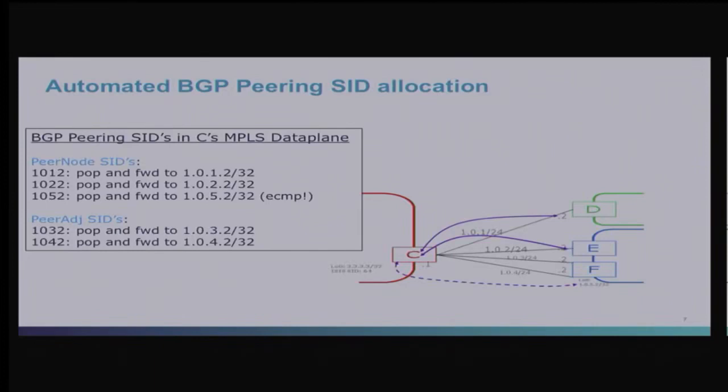For a multi-hop peer, like F, we also allocate a peer adjacency segment, a local label for each physical interface to the multi-hop peer. This allows you to traffic engineer either on a per peer basis or on a per physical interface to the peer.